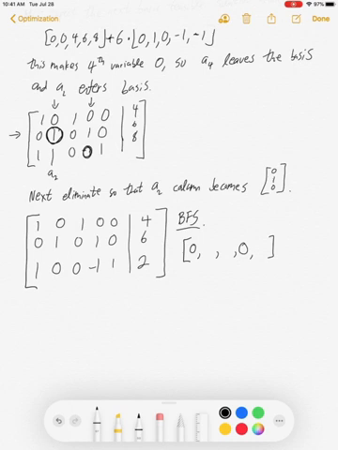Right. So the 4 goes here. This is the first column of the identity matrix in column 3. Second column of the identity matrix is in column 2, so that's a 6. And the last column of the identity matrix is column 5, so that one gets a 2. So my associated basic feasible solution is 0, 6, 4, 0, 2.